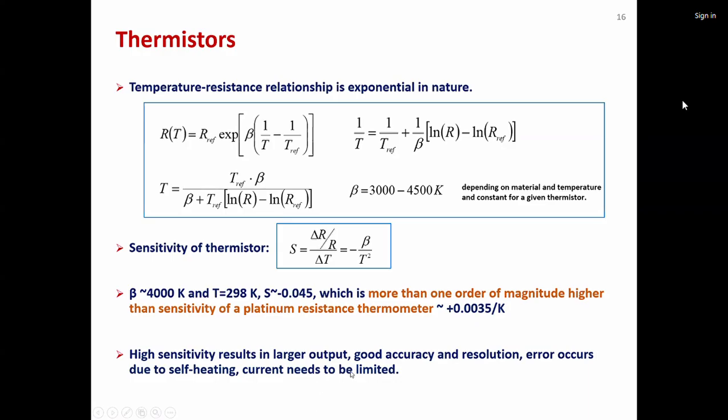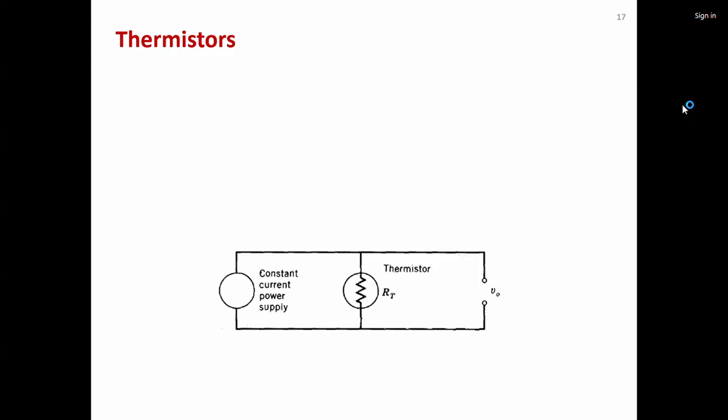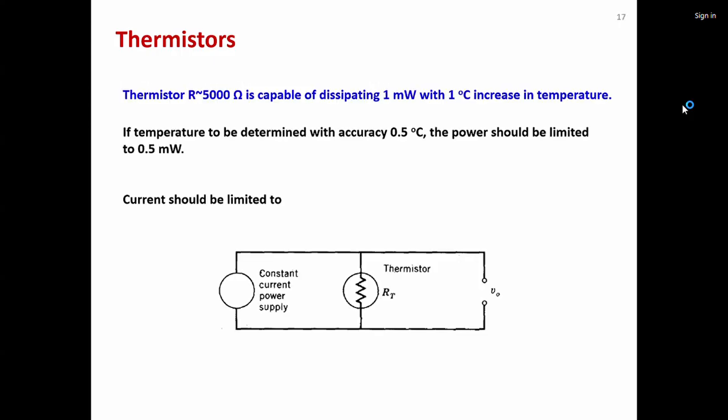So you need to really limit how much current flows through the thermistor when you actually do the measurement using your circuit. So this is just an example. Let's say you have a thermistor circuit here. So you have a power supply, and you are basically measuring the output here.